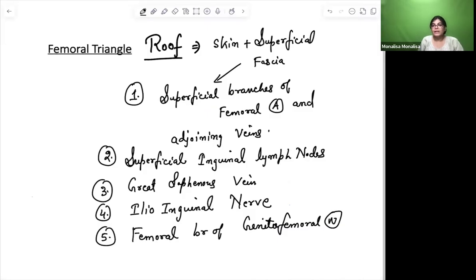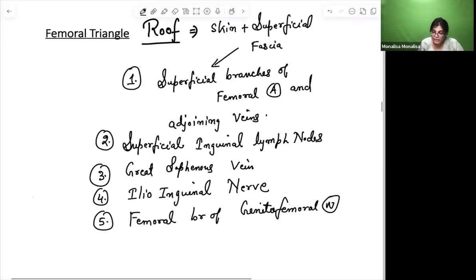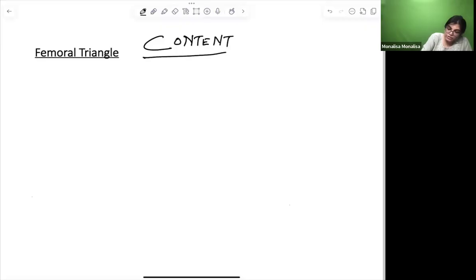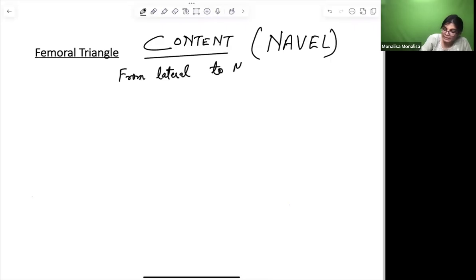Now let's write the exact content of the femoral triangle. The exact content can be memorized by the mnemonic NAVEL, from lateral to medial. L is for lymphatics, and it is the medial most content.